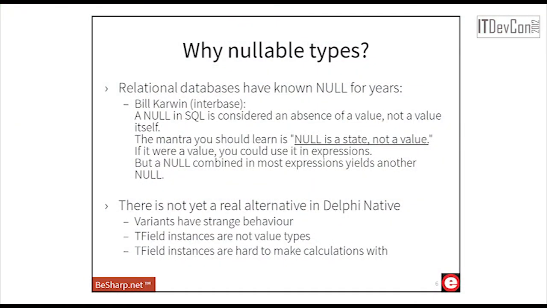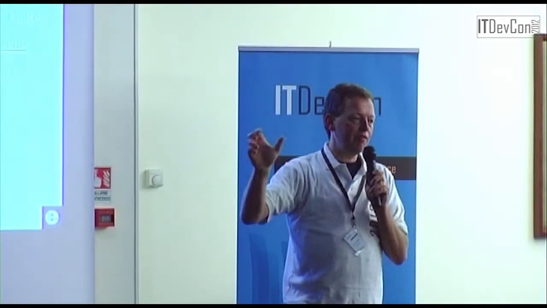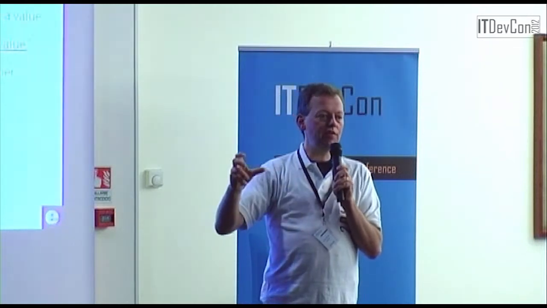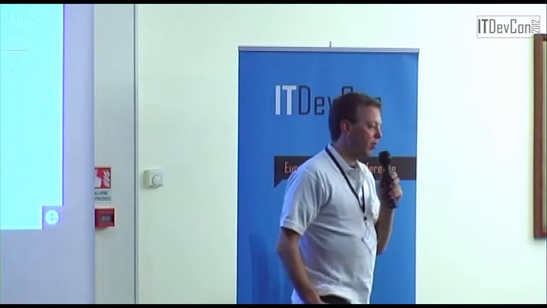Who remembers Bill Carwin? He used to be one of the Interbase guys, and he had this mantra in the signature under every message. Null is a state, not a value. Null means there is no value, and that means that databases do specific stuff with it, and the records I'll show you mimic that behavior.